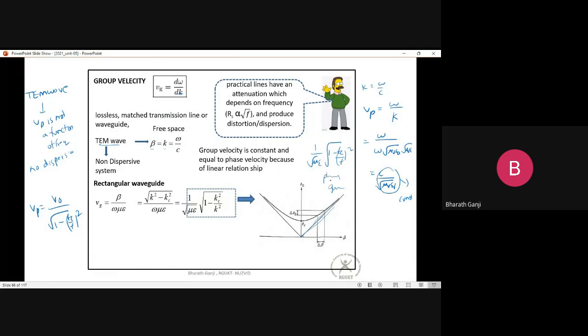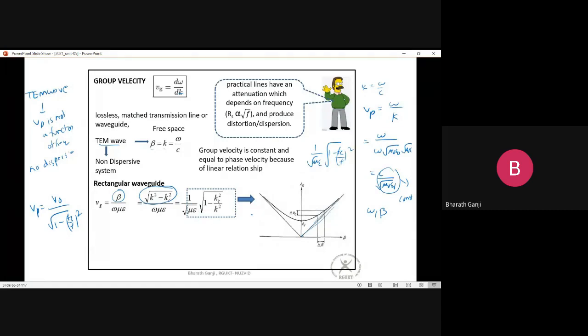And this is a plot not for velocities; this is a plot for omega and beta. We have plotted the relationship between omega and beta here. The relationship between beta and omega is that beta is nothing but square root of k square minus kc square, so I am showing that plot here. So for k greater than kc only you will have the plot. For k less than kc you don't have any plot because there is no propagation constant in that scenario.